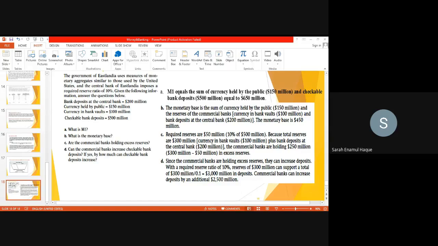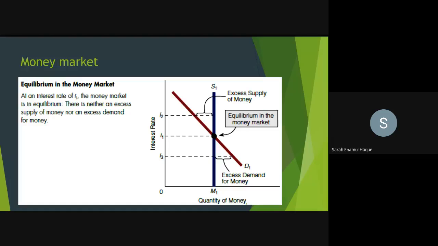Now that we are familiar with the supply curve and the demand curve for money, we want to now look at the money market itself. Remember, market means demand and supply together. So you can see that if I bring the supply and demand of money together, they meet at one point here. This is called the equilibrium point.